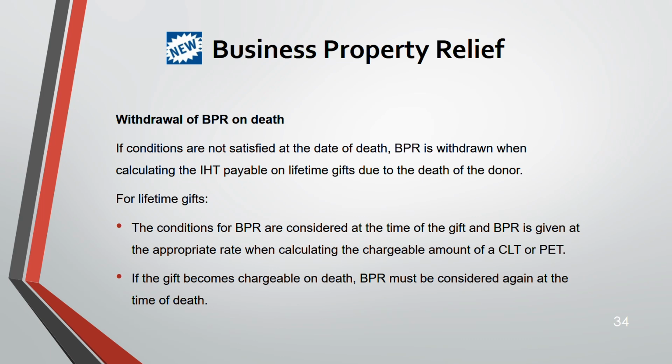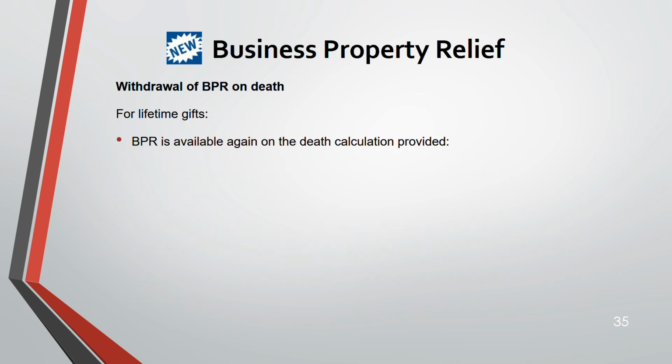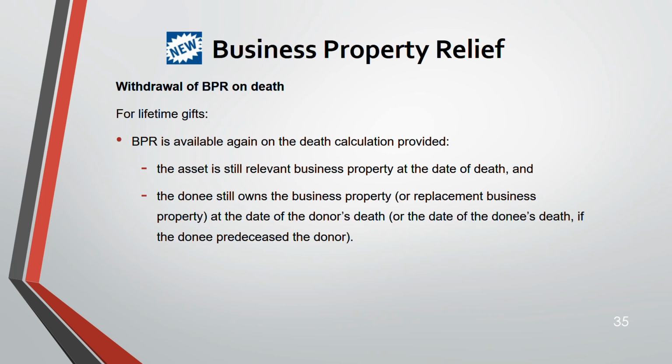So for lifetime gifts, BPR is available again in the death calculation, provided the asset is still relevant business property at the date of death, and the donee still owns the business property or replacement business property at the death of the donor, or at the death of the donee if the donee predeceases the donor. That means if the donee dies before the donor.